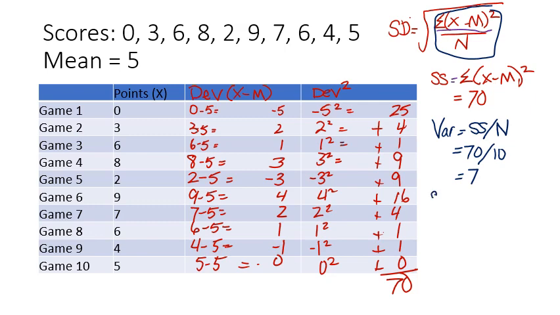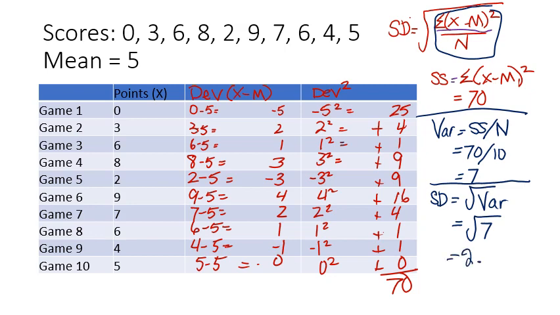So our standard deviation equals the square root of the variance. And the square root of 7 is what we're looking for. And the square root of 7 is approximately 2.6457.